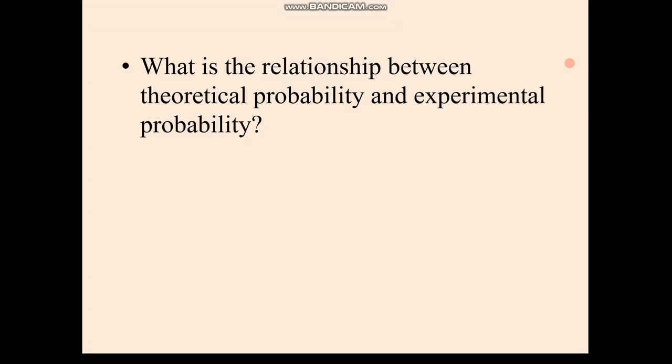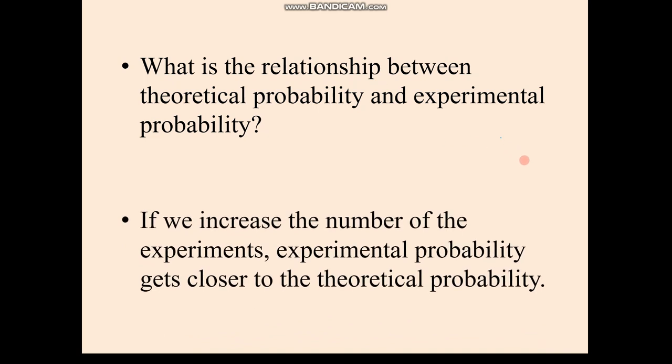So, what is the relationship between theoretical and experimental probability? Think about it a little bit. And yes, if we increase the number of experiments, experimental probability gets closer to the theoretical probability, as we see in CODAP.